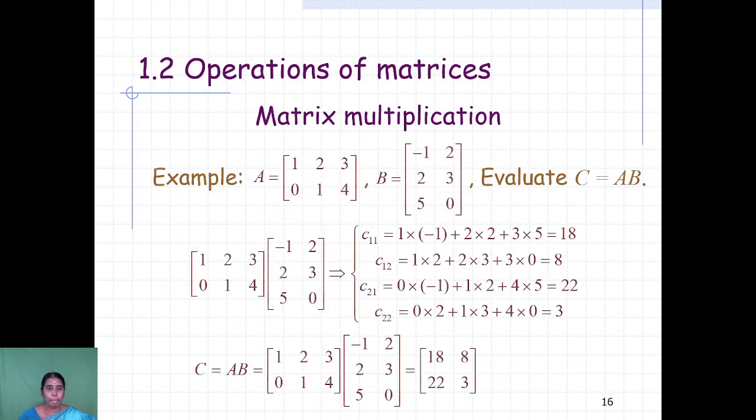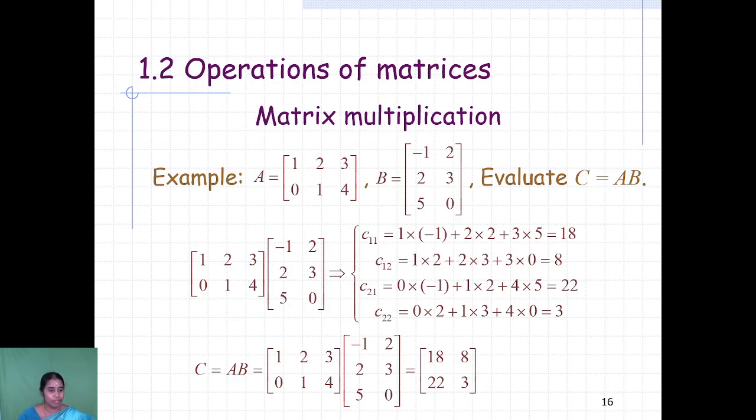Next example, we evaluate C equal to AB, so we are going to calculate all the values, the product of these two matrices. First, C11 we calculate using the formula, then C12, C21, C22. C11 is the product of the first row and the first column.